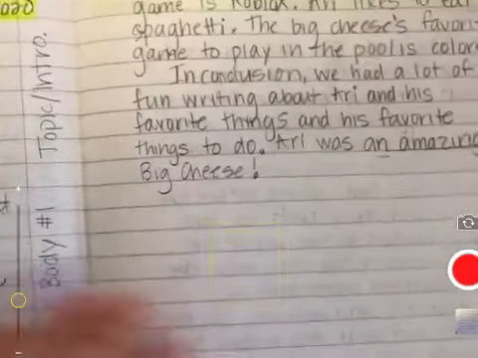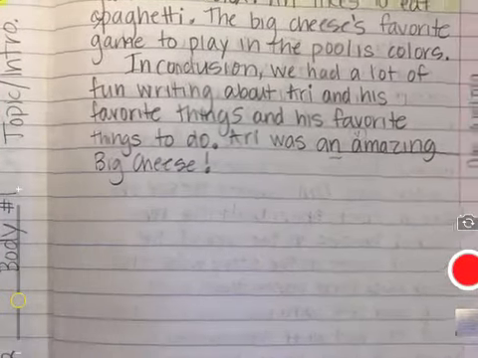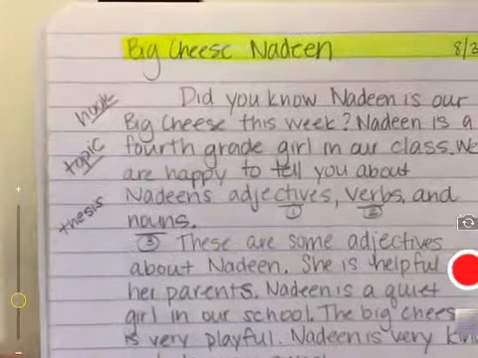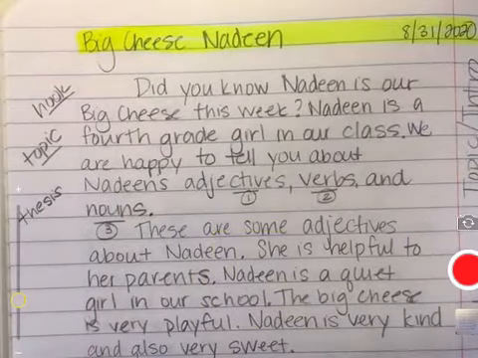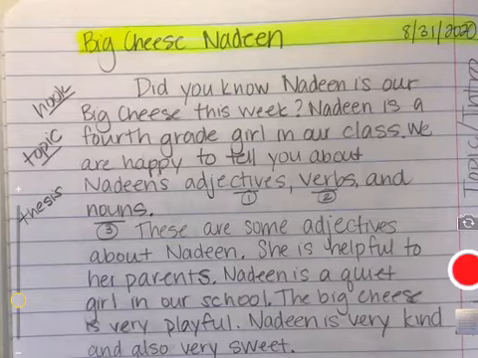So remember, our thesis sentence tells the 3 things that we're going to talk about in our essay, and it works out to match up with our body paragraph. So I'm going to highlight our thesis sentence that we have in the beginning of our essay.